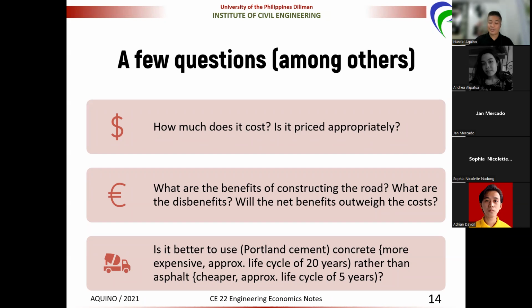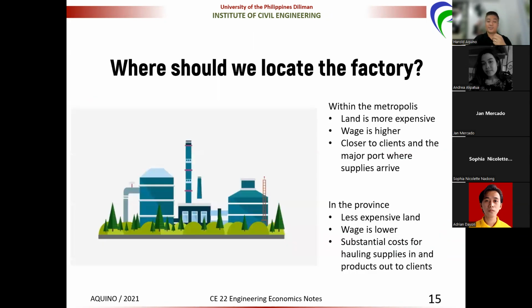All right, so thank you for your active participation. Marami pa mga pwedeng itanong dito na economic related. So, other examples of possible engineering economic problems: where should we locate a factory that we intend to build? Should we locate it within the metropolis or in the province? Between the two, land is more expensive in the metro versus less expensive land in the outskirts or in the province.